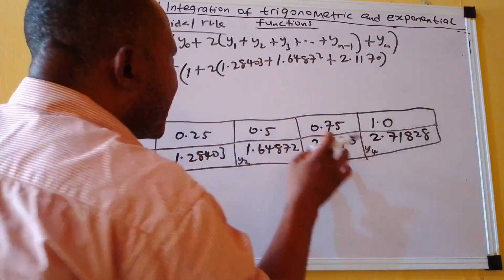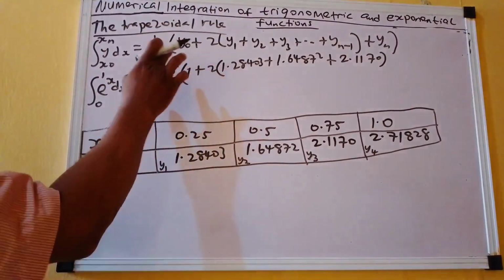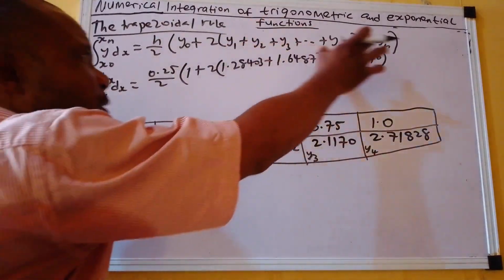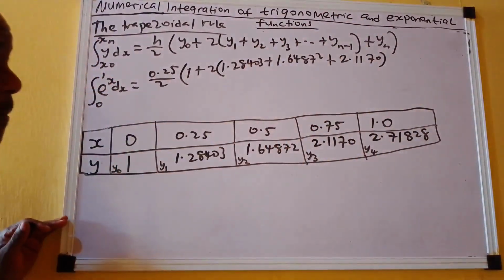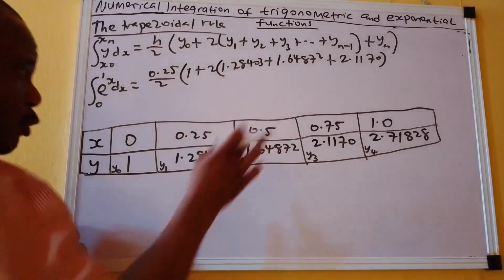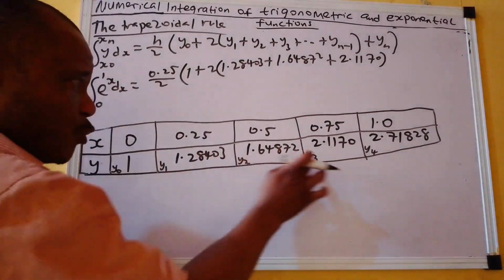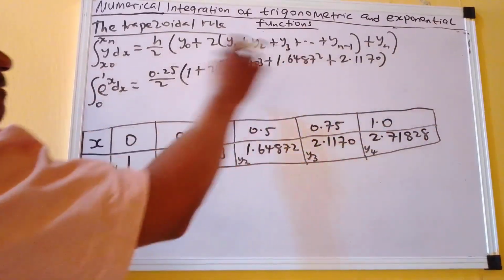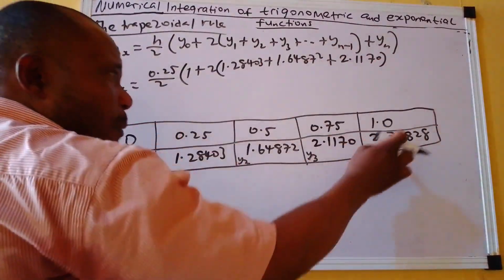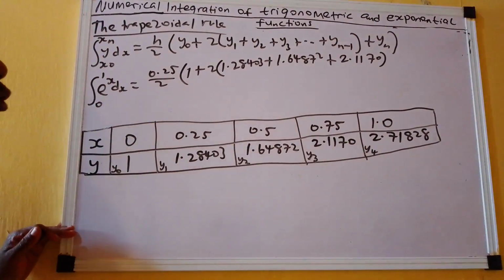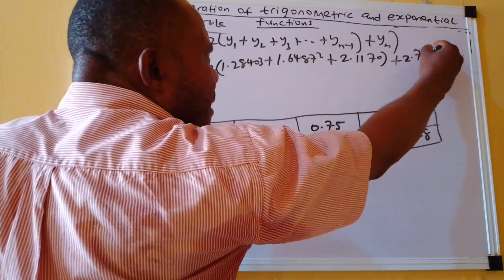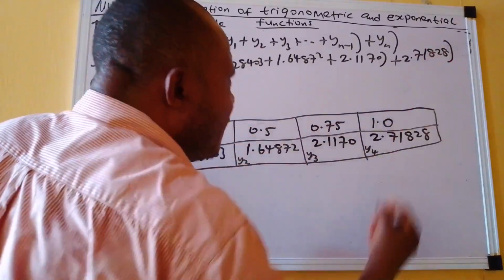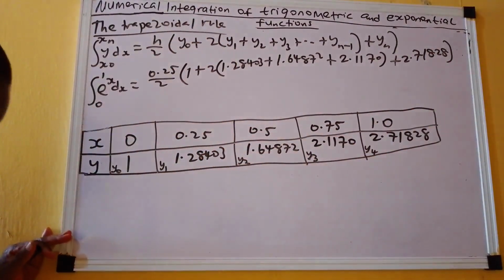Then you close the bracket, because for the trapezoidal rule, 2 is taking every value of y from y1 to the second to the last. So that's what we have done, y1, y2, y3, then y4 will be reserved, because y0 and yn, our yn here is y4, so it will be reserved. So you now say plus 2.71828, then you cover the bigger bracket.